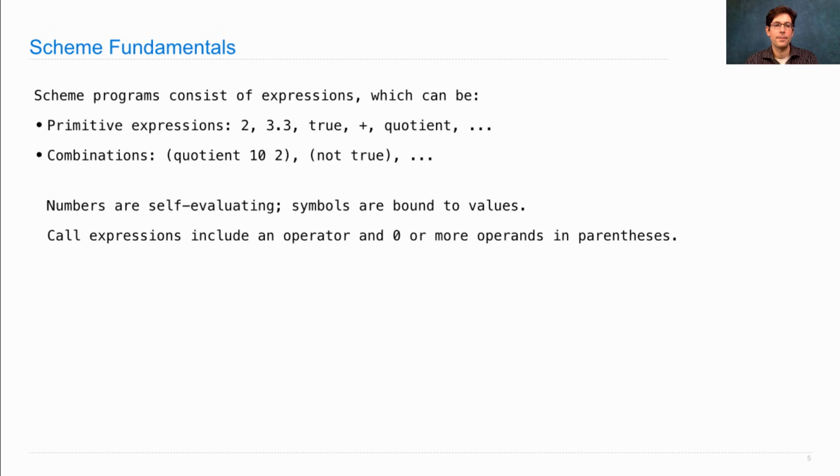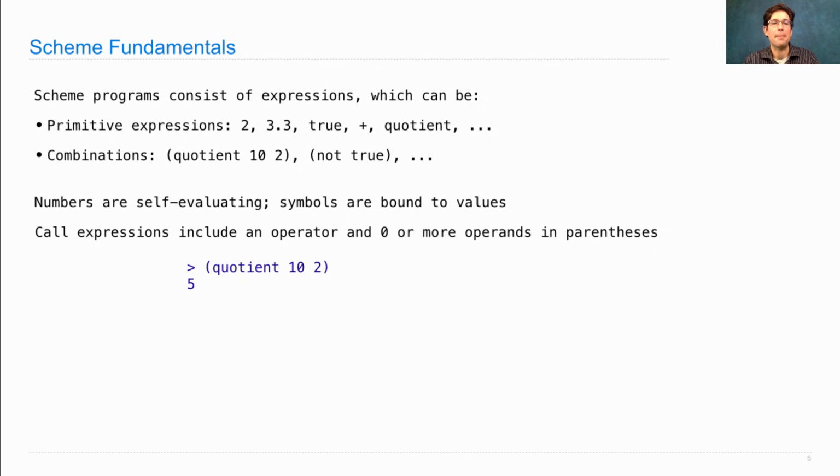Call expressions look like combinations, and they start with an operator, followed by 0 or more operands, all in parentheses. So this is a little different than the syntax of Python. Normally we'd put the operator outside, but here we're putting it inside.